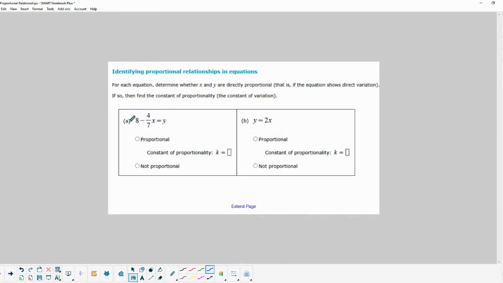Well, this next one already has a number separate from the negative 476x, so this is not proportional. It would be like the y-intercept of 8. Part B of this one, however, is proportional, and the constant of proportionality is the number in front of x, which is 2.